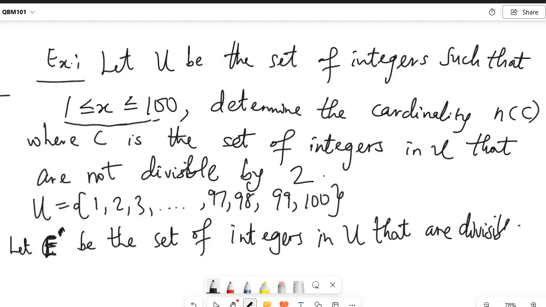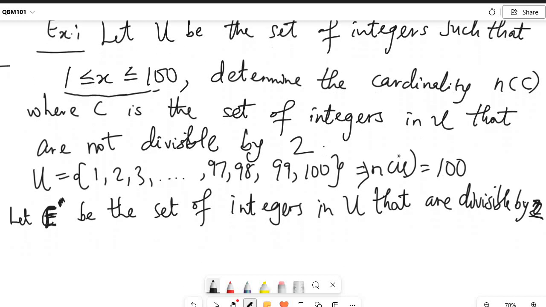If we can do this, then you just subtract the total number you have here minus those that are divisible by 2. That will simply give us the ones that are not divisible by 2. And take note, the cardinality n of U here, I believe we know that, right? Since you have 100 elements, 1, 2, 3, up until 100, that means that 100 will be the cardinality of your universal set.